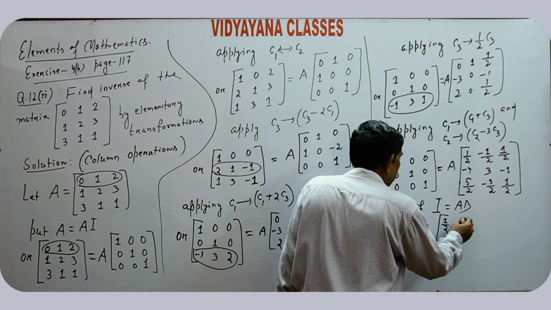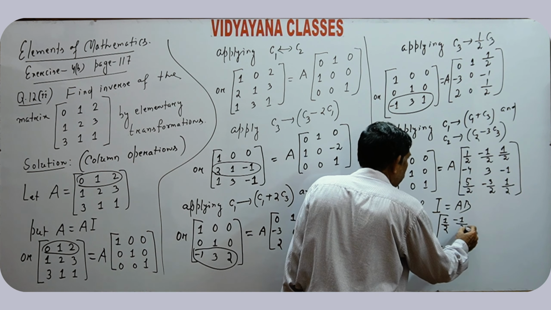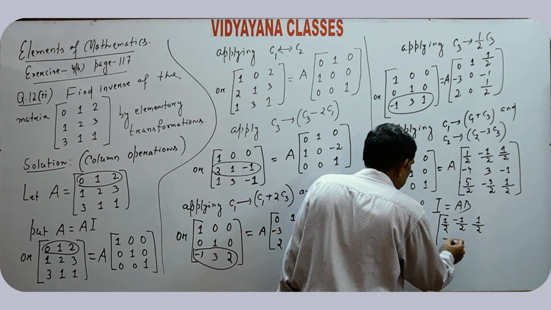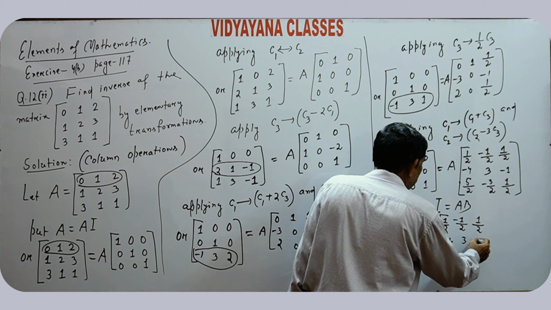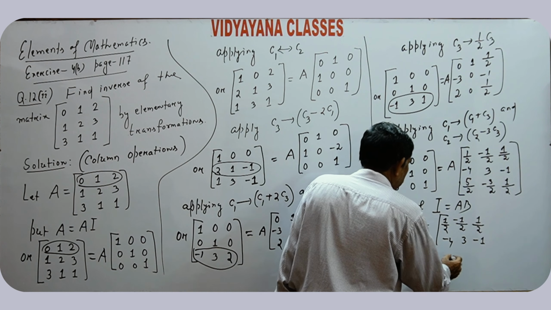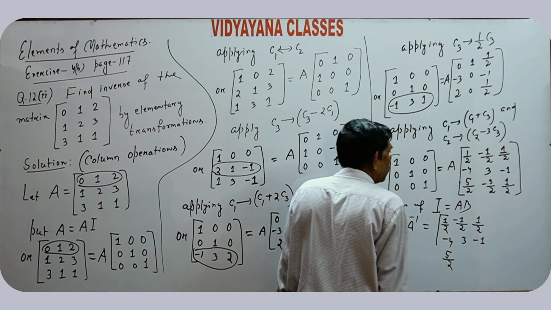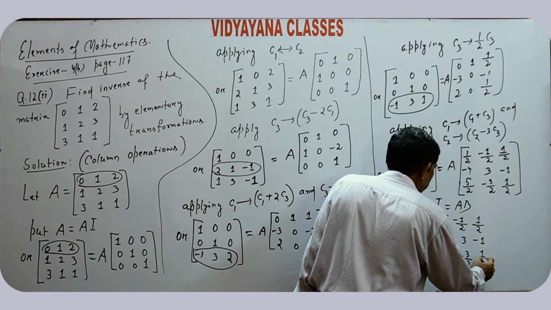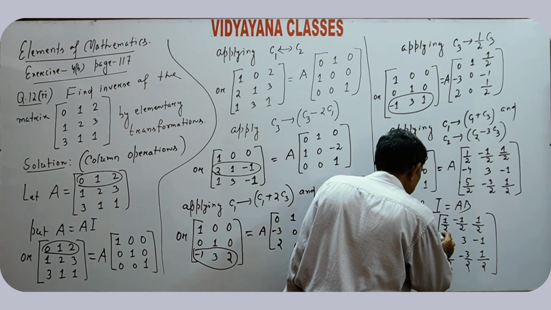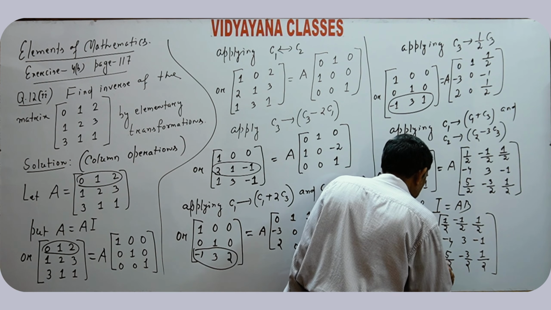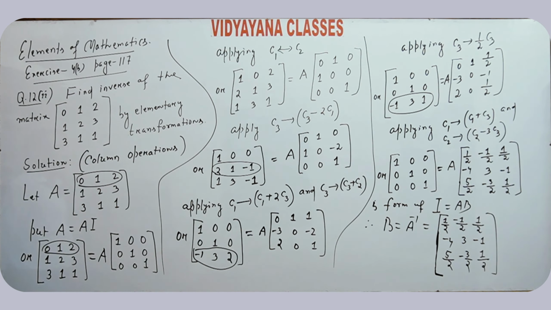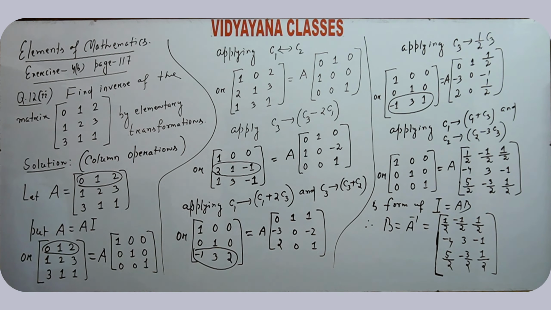Half, minus half, half, minus 4, 3, minus 1, 5 by 2, minus 3 by 2 and half is the inverse of the given matrix. Clear?